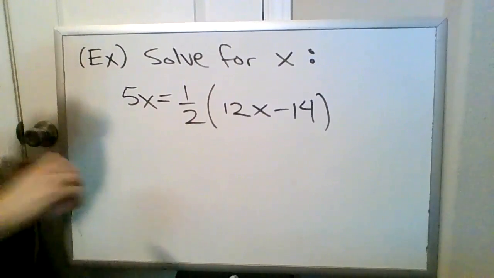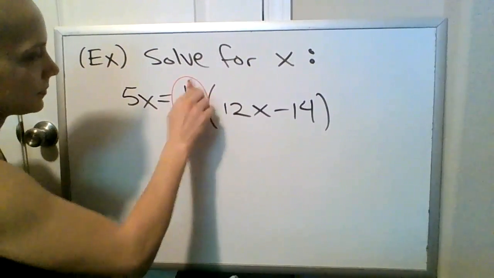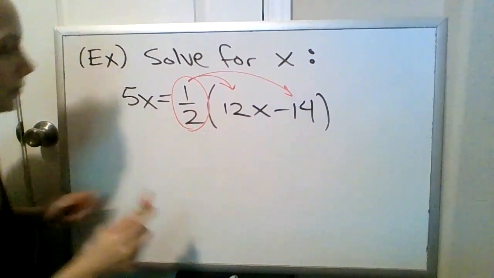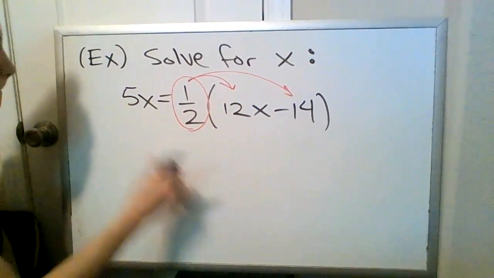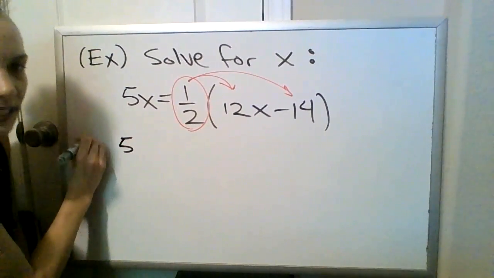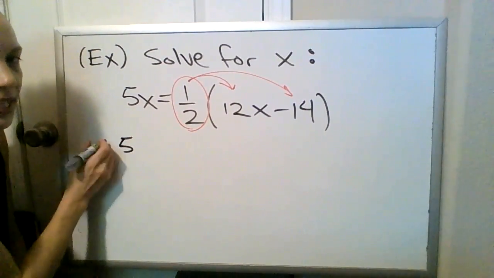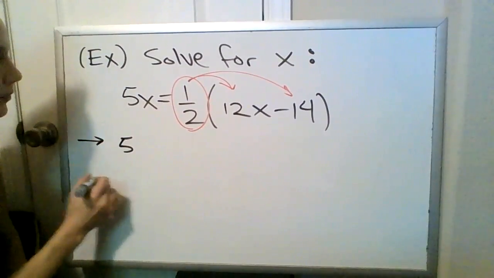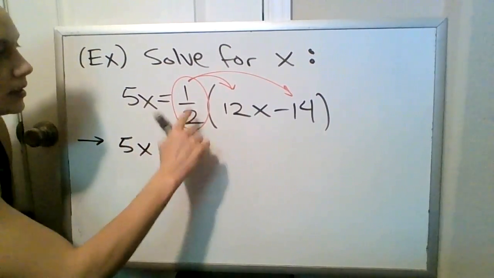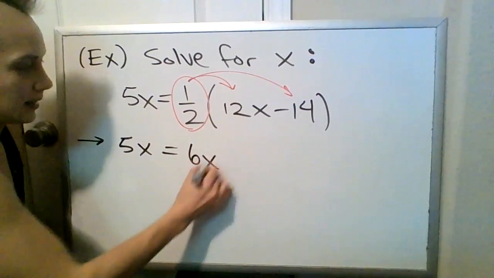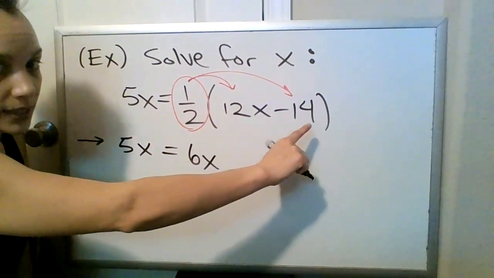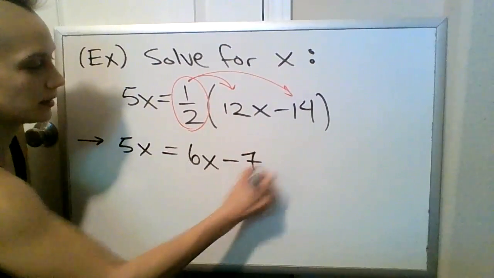We will distribute 1/2 first. And I like to use an arrow to say then. So for the next line, 5x is equal to 1/2 times 12x is 6x. 1/2 times negative 14 is going to be negative 7.